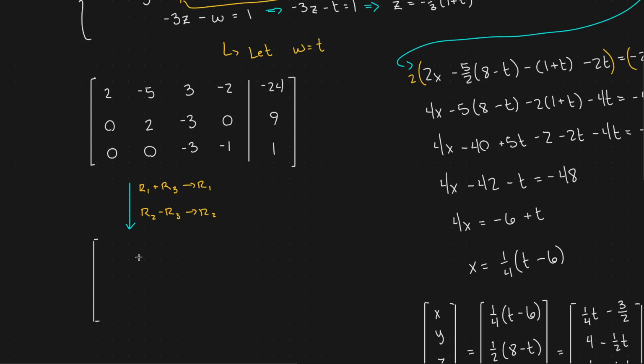So my new row 1, 0 plus 2 is 2. 0 plus negative 5 is negative 5. Negative 3 plus 3 is 0. That's the 0 that I really wanted there. And negative 1 plus negative 2 is negative 3. And 1 plus negative 24 is negative 23.